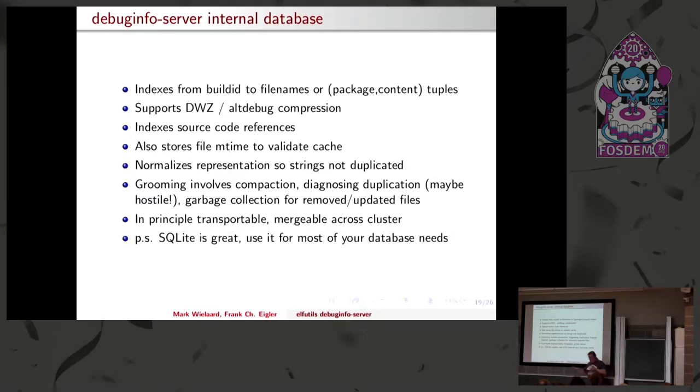It also supports DWZ, which makes the indexing a bit tricky because DWZ compresses debug info by putting common elements in a separate file, but essentially a DWZ file is also something with a build ID, and you can just request it.